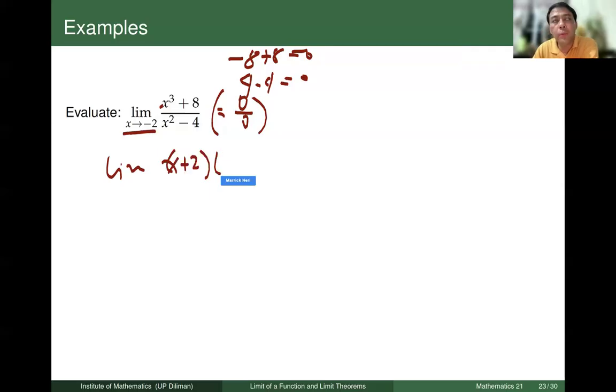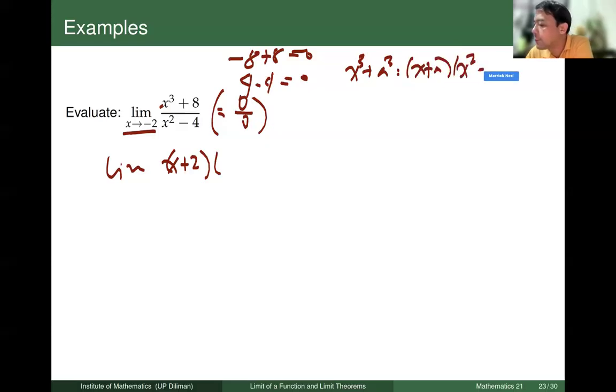So I hope you remember how to factor the sum of 2 cubes. So if you have x cubed plus a cubed, you get x plus a, x squared minus xa plus a squared.